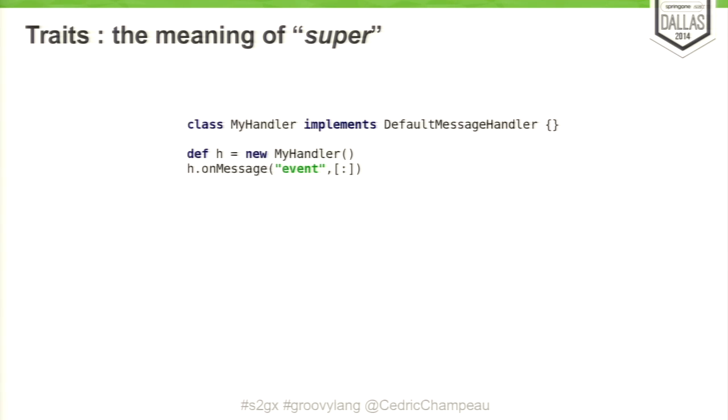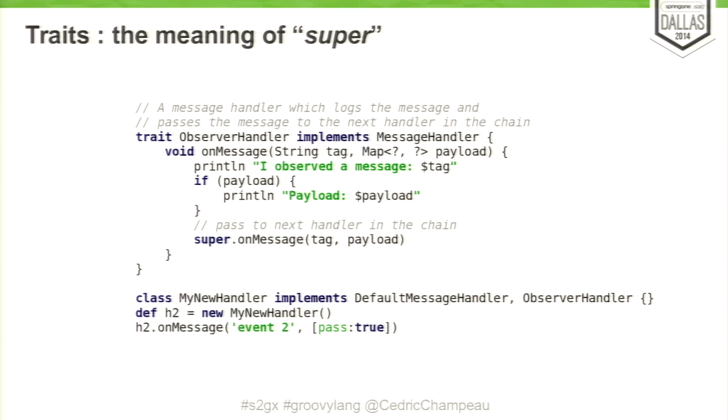So it will call this method next. So this is one of the features that you will probably use to implement new kinds of APIs with traits, because it really allows you to develop chaining of behavior without having to define all the classes that know how to delegate to the other. Just bundle in the language just with a super keyword.